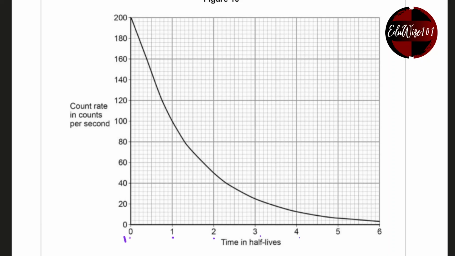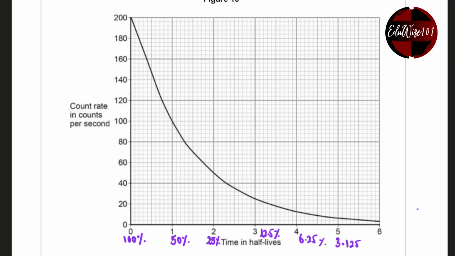At 0 half-life, you're talking about 100% radiation. After 1 half-life, that radiation level is going to go to 50%. Remember, it decreases by 50% every single time. So by the second half-life, the radiation source is going to be 25%, then 12.5%, 6.25%, 3.125%, and so on.